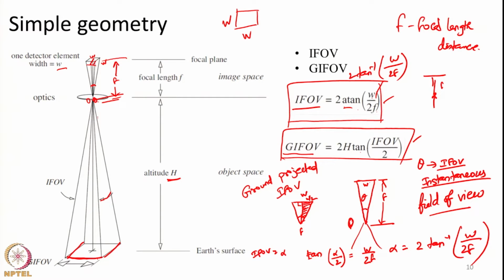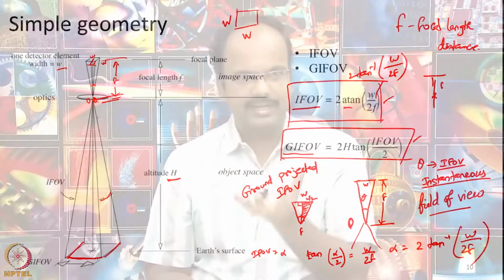Whatever features are within that particular GIFOV size, all those radiances will be averaged out and recorded as one single value by that detector. The next concepts are FOV and GFOV.